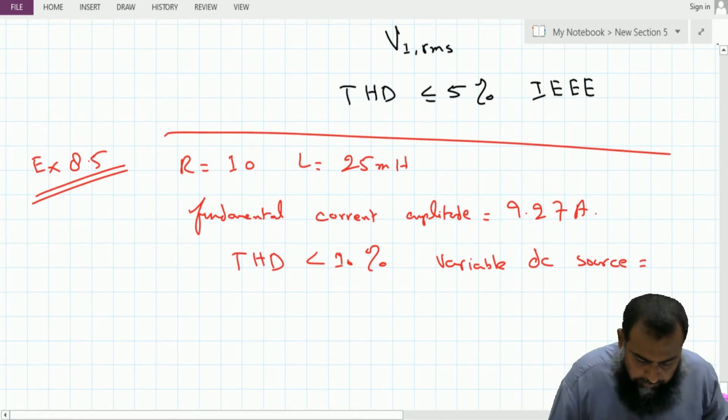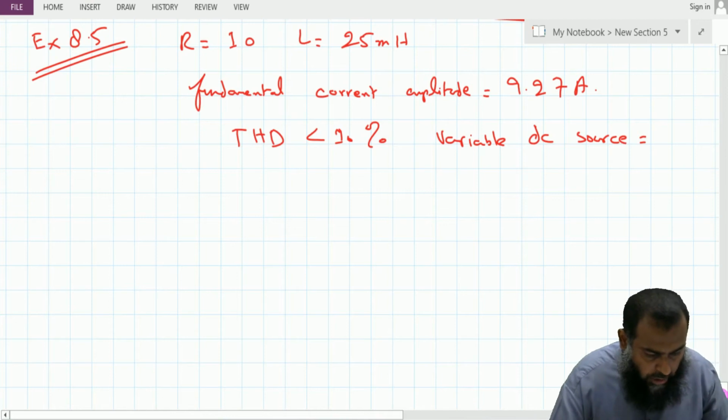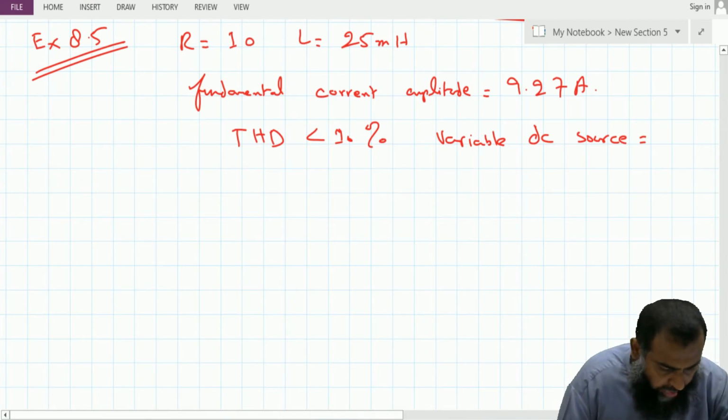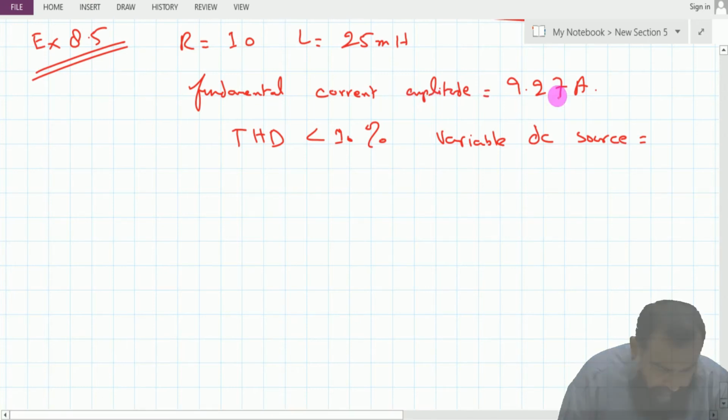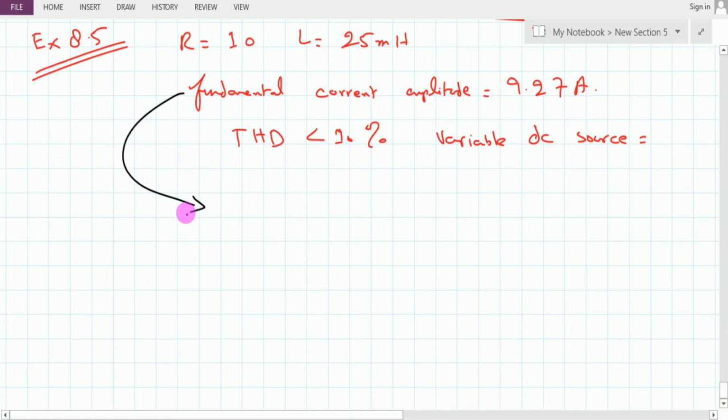So let us first of all compute the input voltage. Now fundamental current amplitude is given. Using this, let us first of all specify the voltage from this variable DC source.